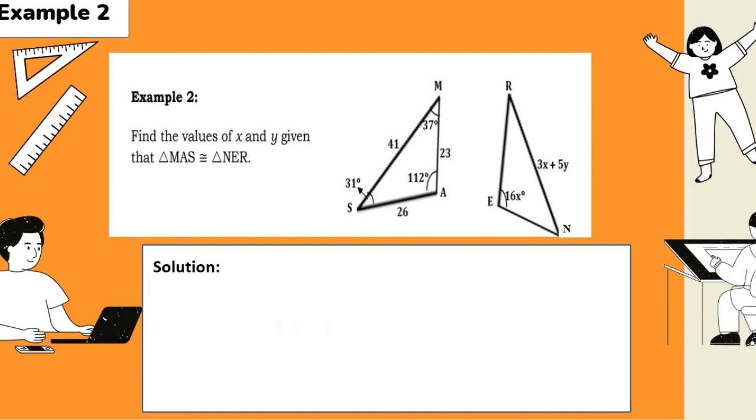For the solution, we can say that angle A is congruent with angle E. If the measurement of angle A is 112 and the measurement of angle E is 16x, then we can say also that 16x is equal to 112. To get the value of x, we divide both sides by the numerical coefficient, which is 16. Then, the value of x is 112 divided by 16, which is 7.